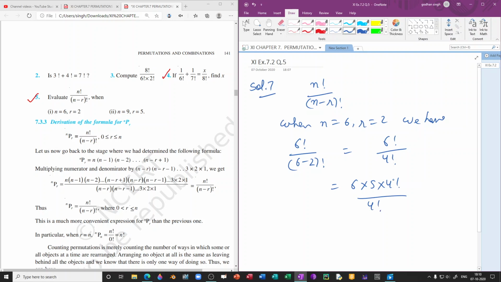Cancelling 4 factorial from the numerator and denominator both, what we will get is 6 into 5, that is 30. Therefore 6 factorial over 6 minus 2 factorial, that is 4 factorial, is equal to 30. So this is the answer of question number 5 part 1.